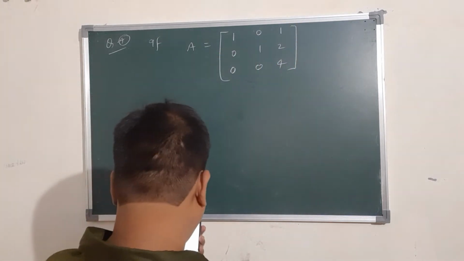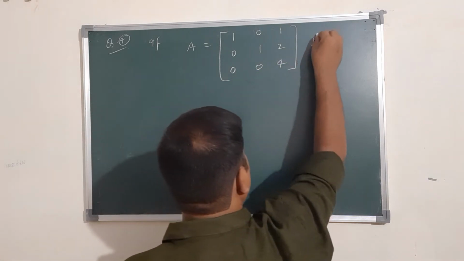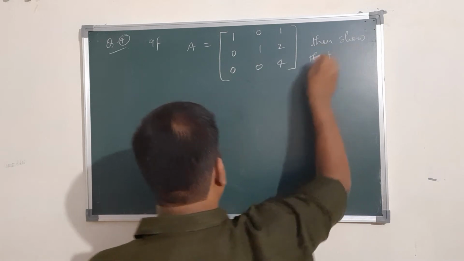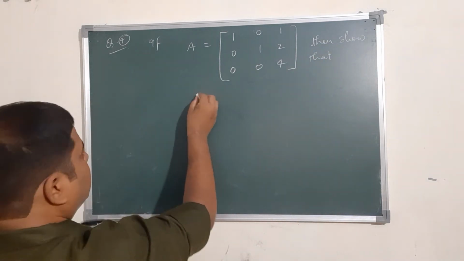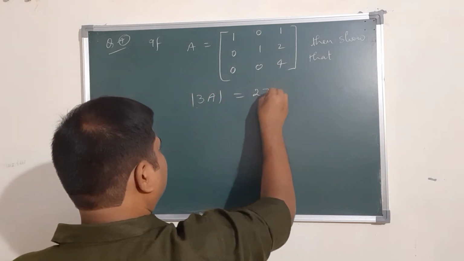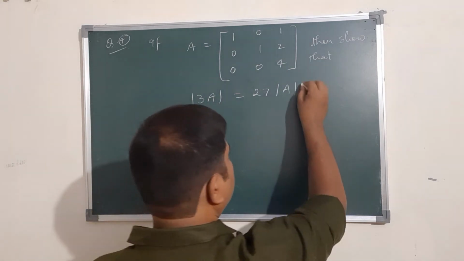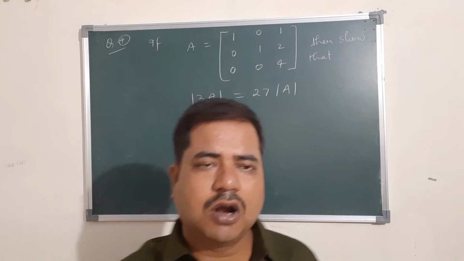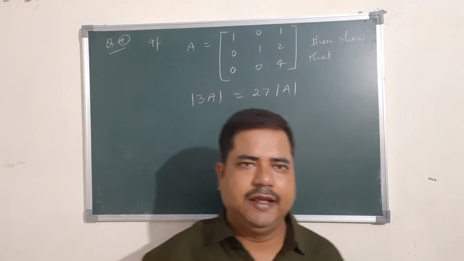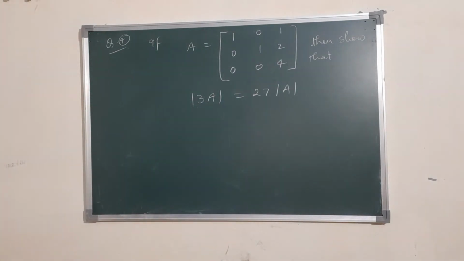Now we have to show that determinant of 3A is equal to 3 cubed, that is 27, times determinant of A. By the formula you already know the order of the matrix is 3, so 3 to the power 3 is equal to 27 times determinant A. But I'm just going to show it, so please see.